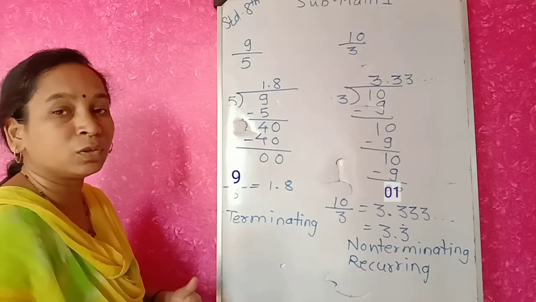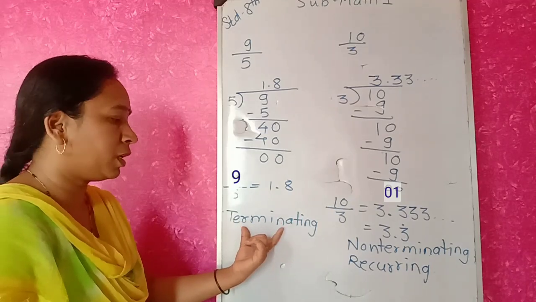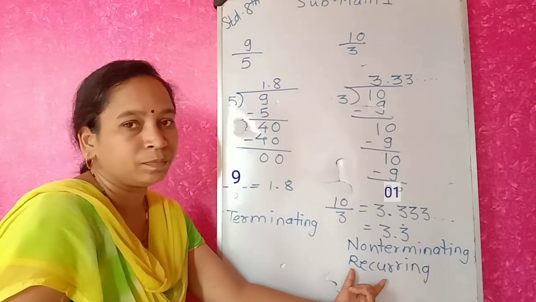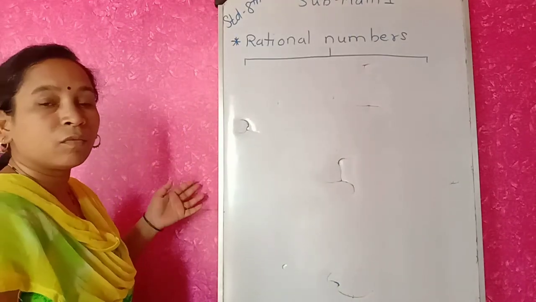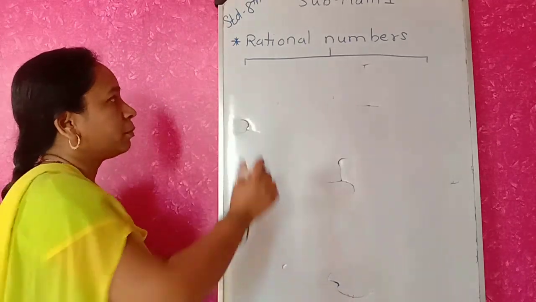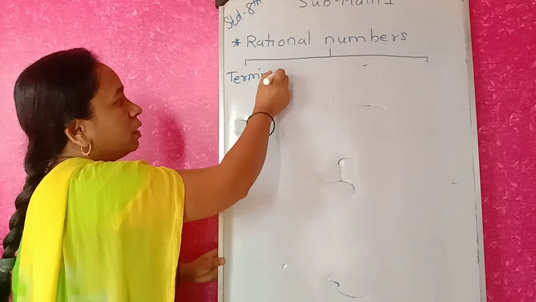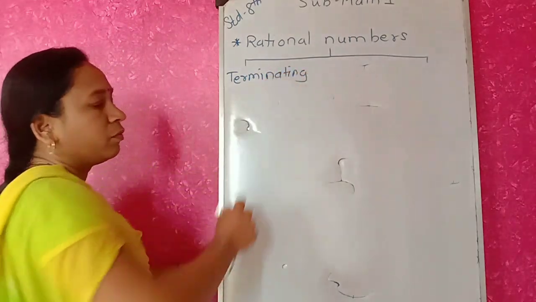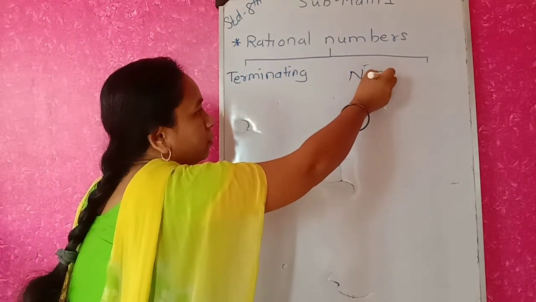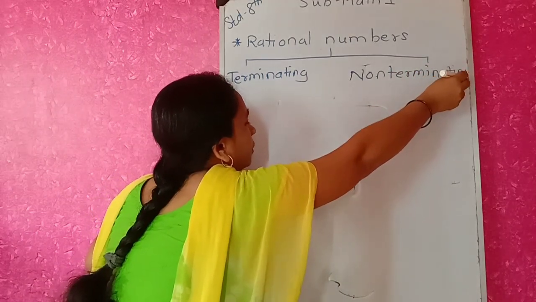Today we have learned one more property of rational numbers: rational numbers are terminating numbers, or rational numbers are non-terminating but recurring.